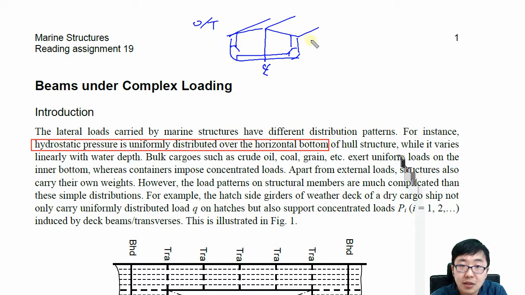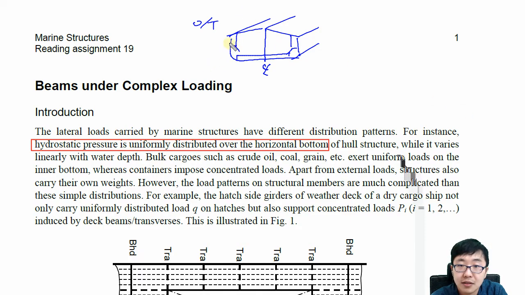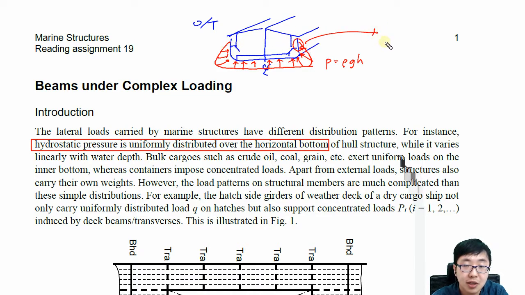So the hydraulic pressure will be applied here, and the lateral pressure will be applied like this. The horizontal member is okay, and basically we can get it simply: lateral pressure P is rho g h. It is simple.